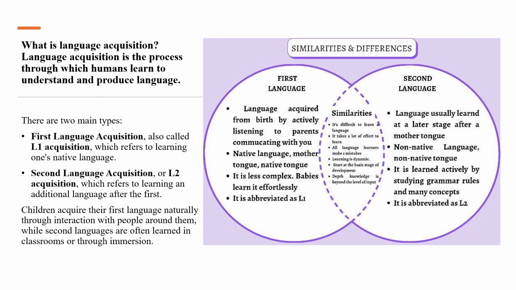There are two main types: first language acquisition or L1 acquisition, which refers to learning one's native language, and second language acquisition or L2 acquisition, which refers to learning an additional language after the first language. Children acquire their first language naturally through interaction with people around them, while second languages are often learned in classrooms or through immersion.